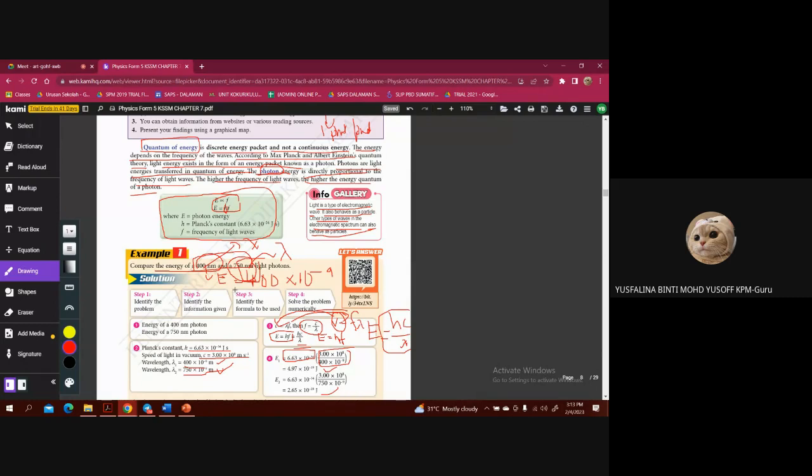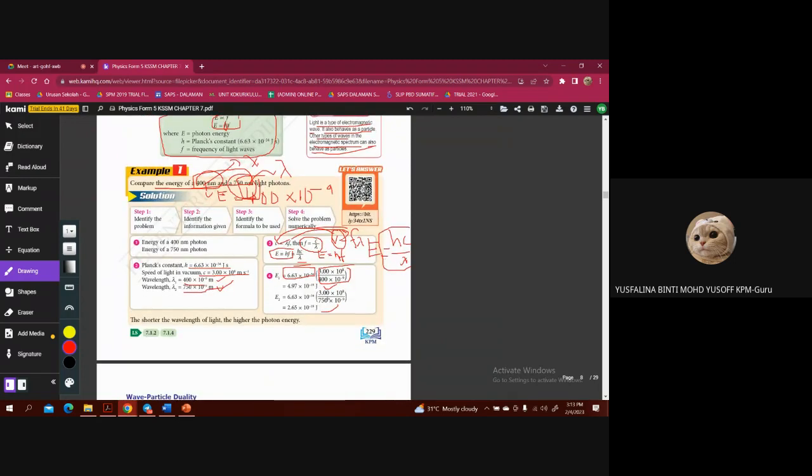We learned that light can also act as a wave, right? So we can use the formula v equals f lambda. So your f equals v over lambda. You just arrange the formula back, put f as the subject, then you just put it in and calculate.